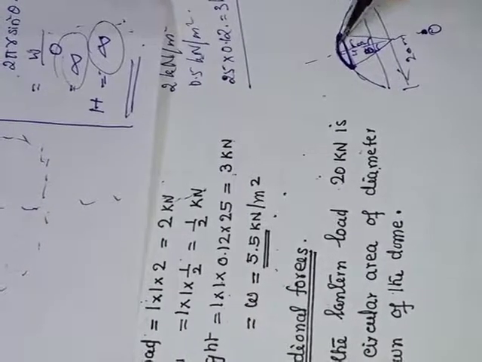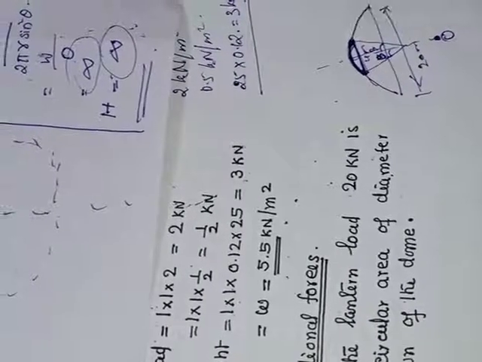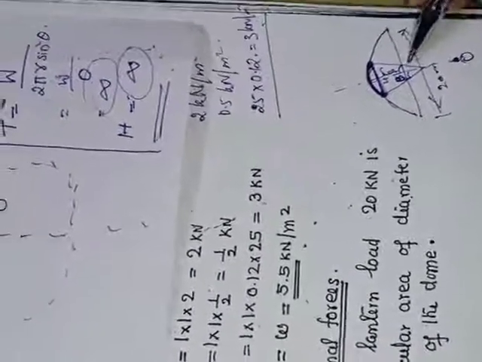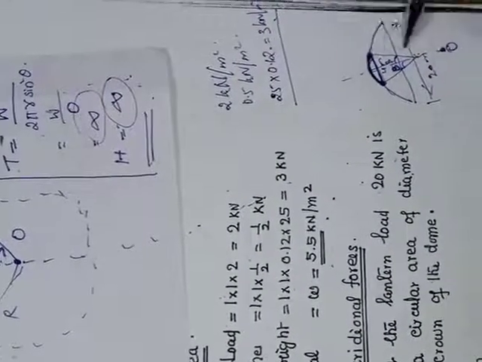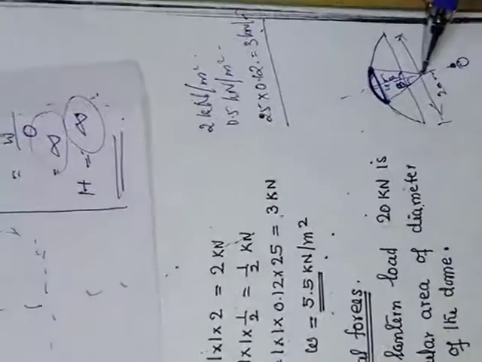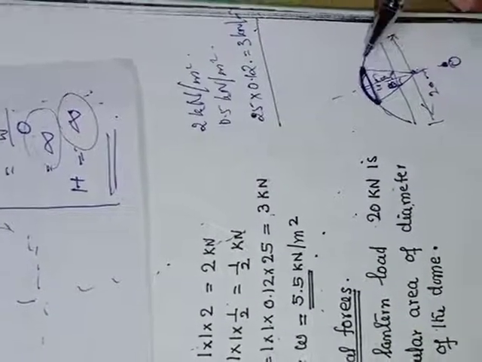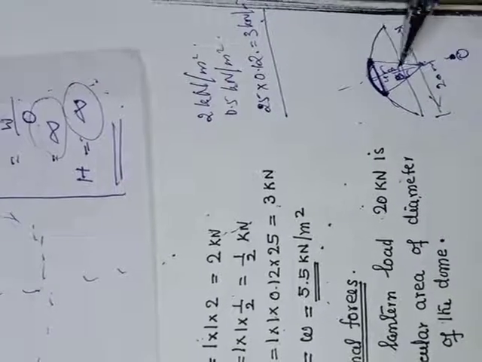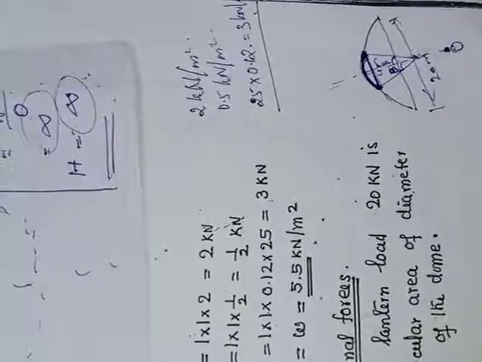That is the angle that this line, the line drawn from the center to this region where this lantern is kept, makes with the axis. So we will find out what is beta.